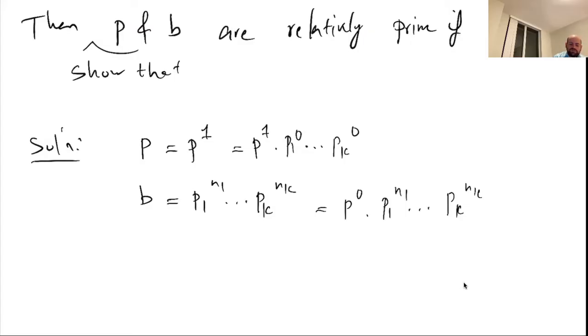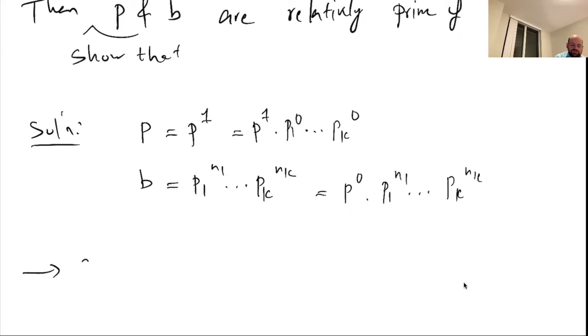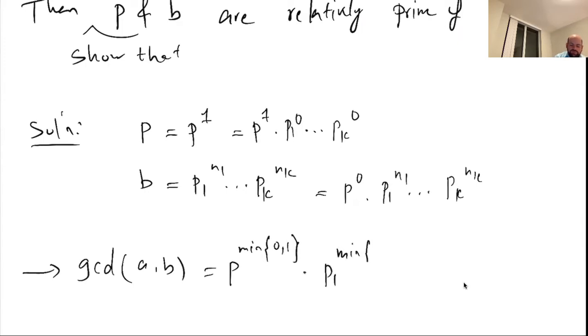Choose the smallest power for each. So that means the GCD of A and B is equal to P to power minimum of 0 and 1, P1 to power minimum of 0 and N1, Pk to power minimum of 0 and Nk.